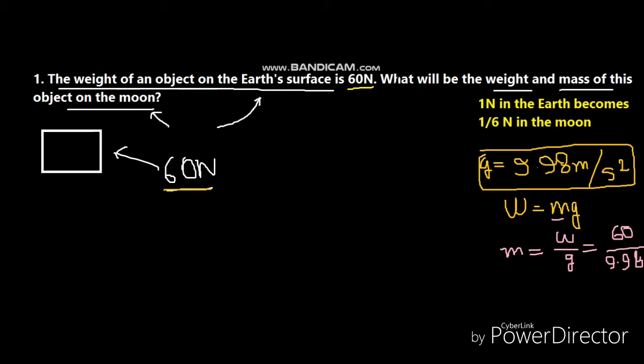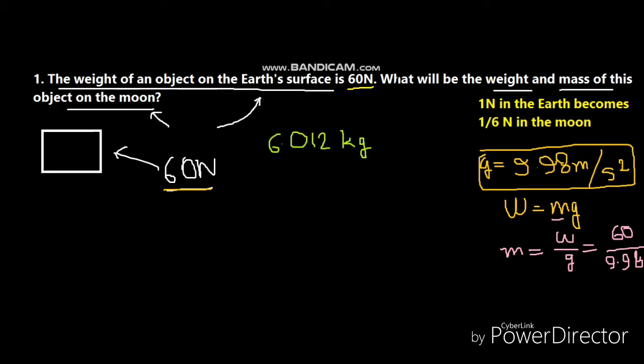Let's write this down clearly: 60 divided by 9.98, and that gives us a value of 6.012. And yes, this is in kilogram.